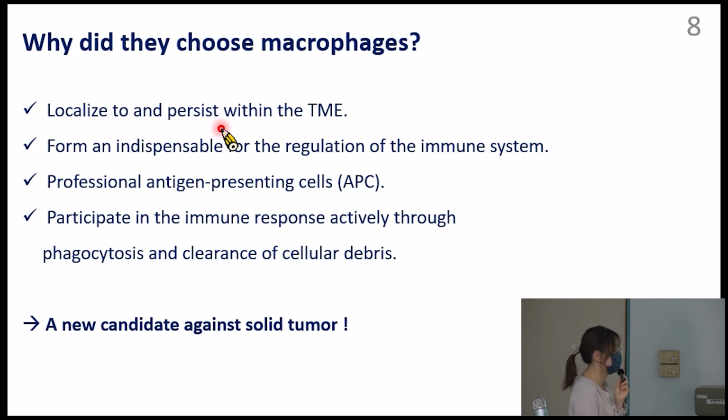The third reason is macrophage is a great professional antigen presenting cell. It can present the antigen to CD4 and CD8 T cells. And the fourth reason is it can participate in immune response activity through phagocytosis and the clearance of cellular debris. So that's why they chose macrophage as the new candidate against solid tumor.